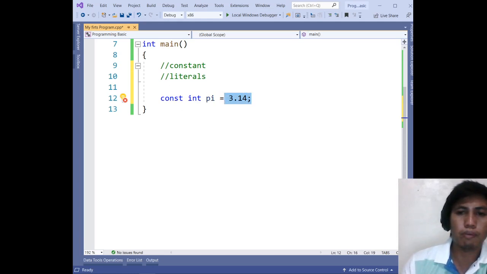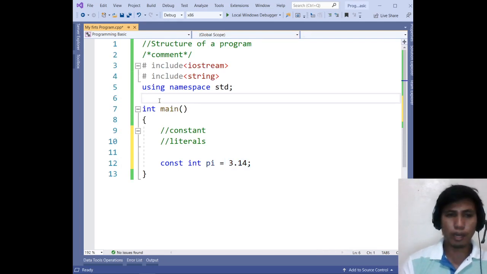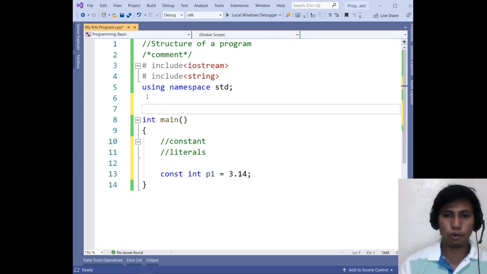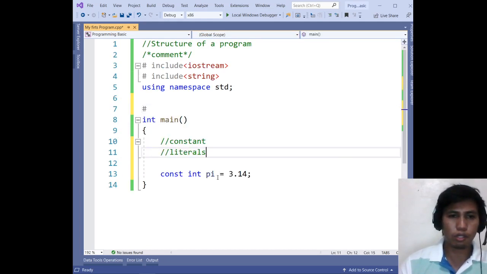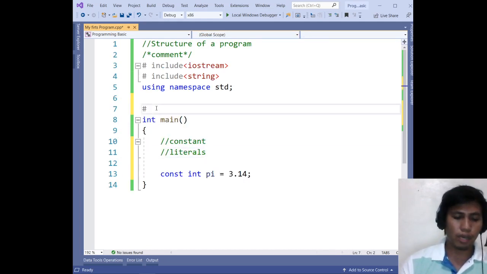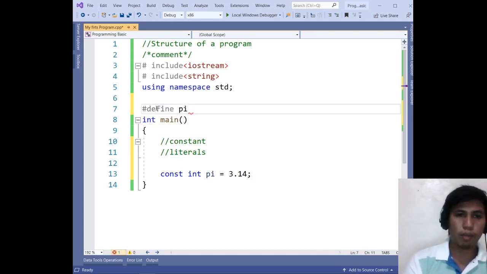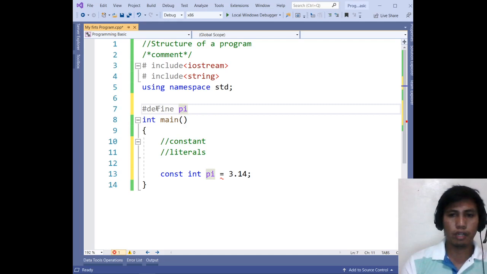We also have the other one, which is the preprocessor definition or using the define keyword. So giving our example, which is const pi, so we have define and pi or the name and then the value, which is 3.14.